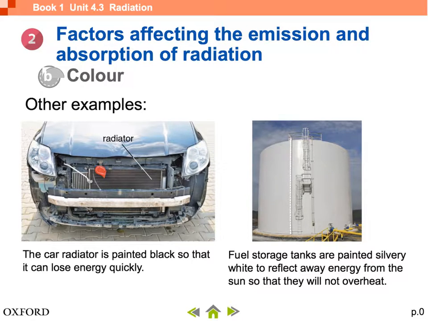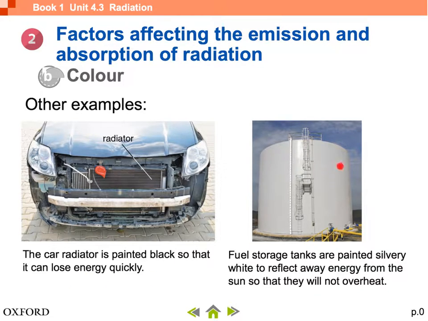So we aim to release the energy away from the car as fast as it can. So the black color really helps, because as we know, black surfaces are good absorbers, and at the same time good radiators, so energy can be lost very quickly.